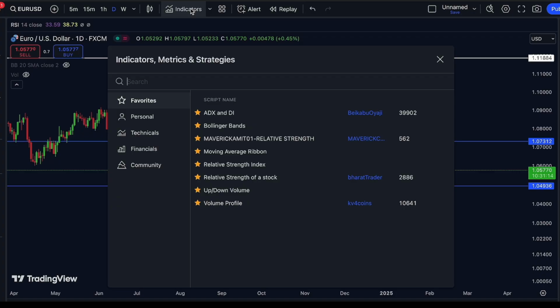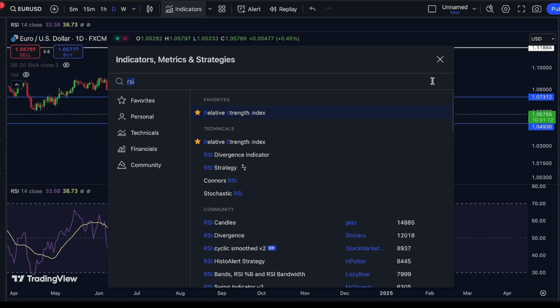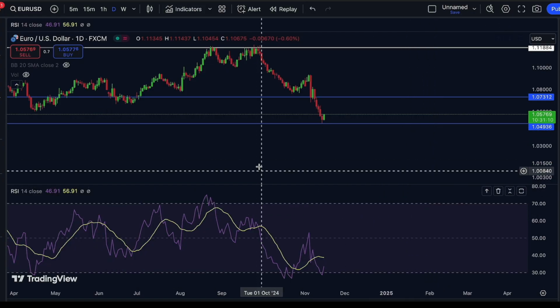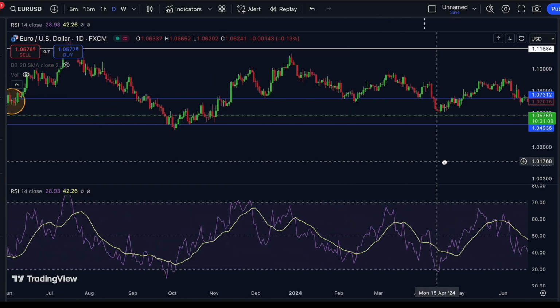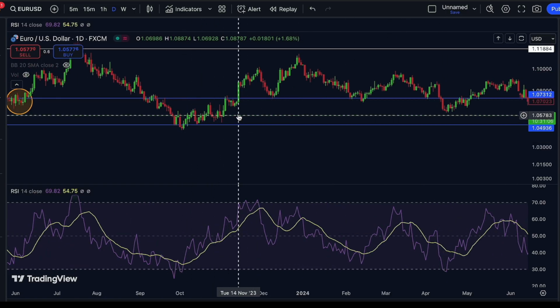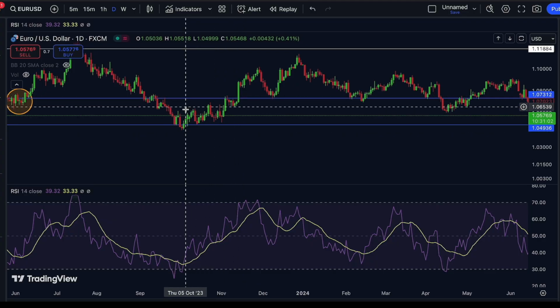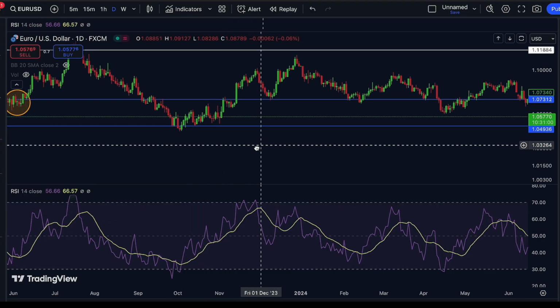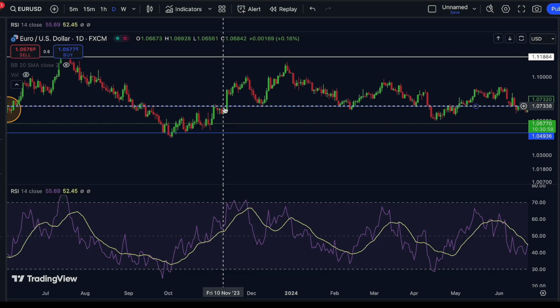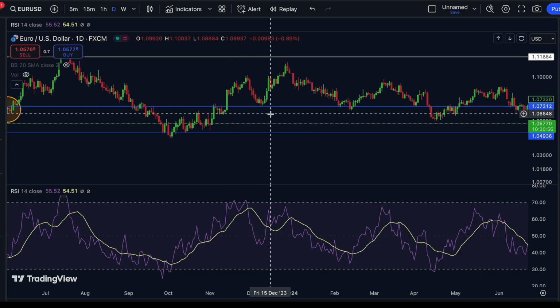Let me just put it over here. What might also happen is that you might get a consolidation phase for around a week or two here in this price zone, and then you might get a breakout after this price, as it has happened in the past.